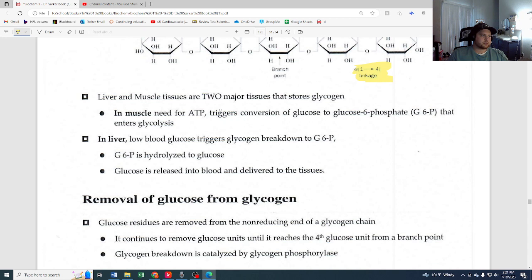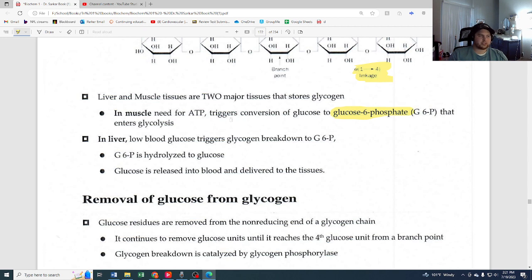So the liver and muscle tissues are 2 major tissues that store glycogen. In the muscle, the need for ATP triggers conversion of glucose to glucose 6-phosphate that enters glycolysis. In the liver, the low blood glucose triggers glycogen breakdown to G6P, and G6P is hydrolyzed to glucose. Glucose is released into the blood and delivered to the tissues. Remember how when we bring glucose directly into muscle tissue, the hexokinase turns it into glucose 6-phosphate.